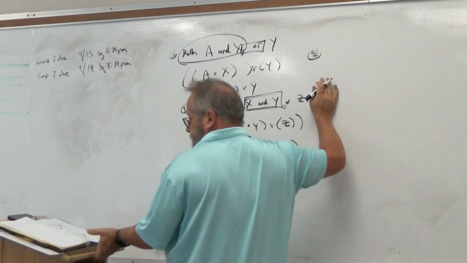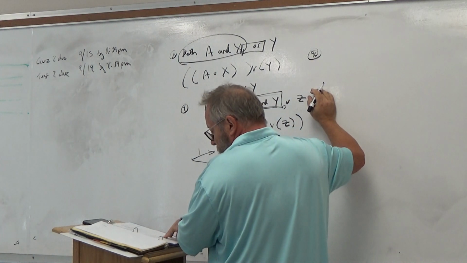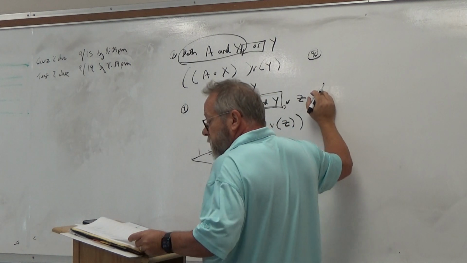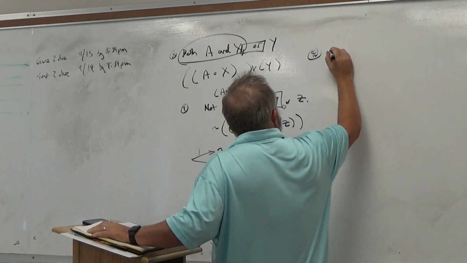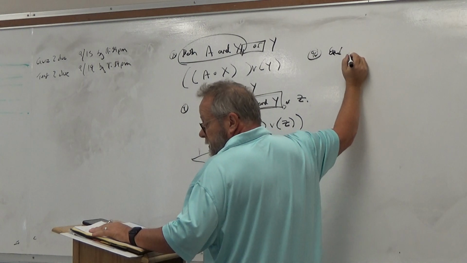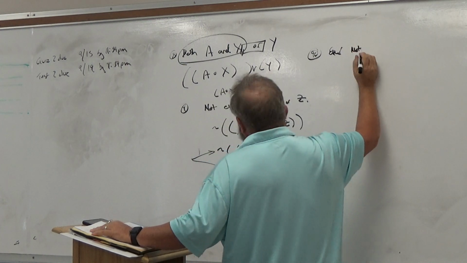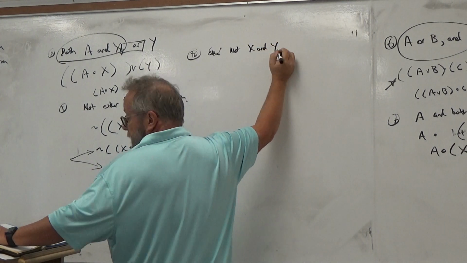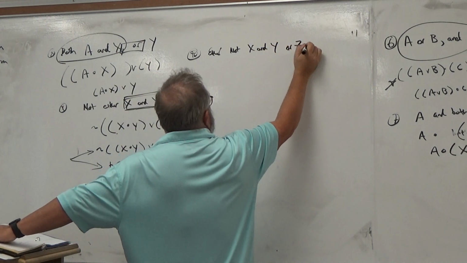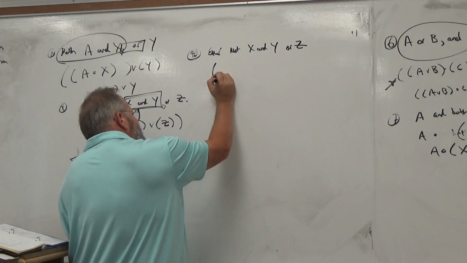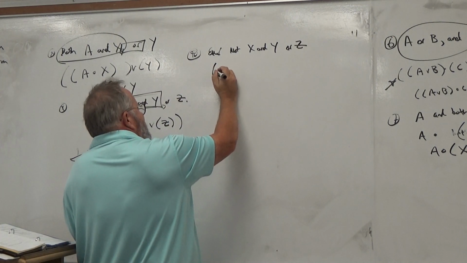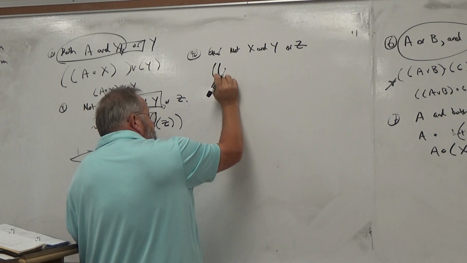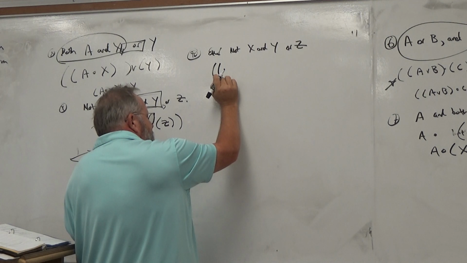10. So I'm on 10. Okay, either. It is not the case that, I'm just going to write not, either not X and Y or Z. So either tells me I'm starting an or, and so until I get to the first or, I'm dealing with the first disjunct, so I gotta keep it all together.